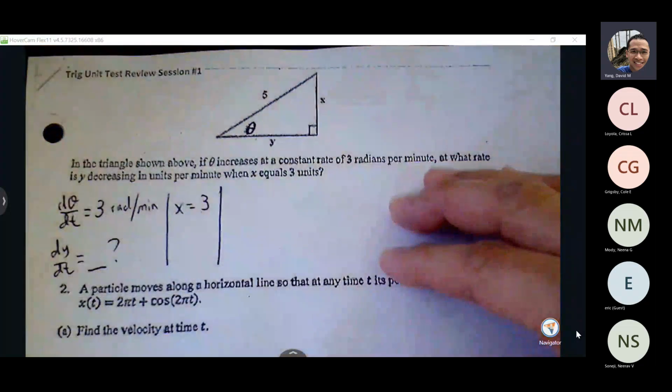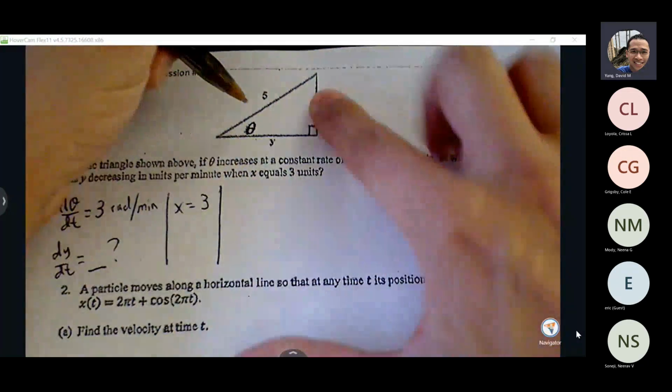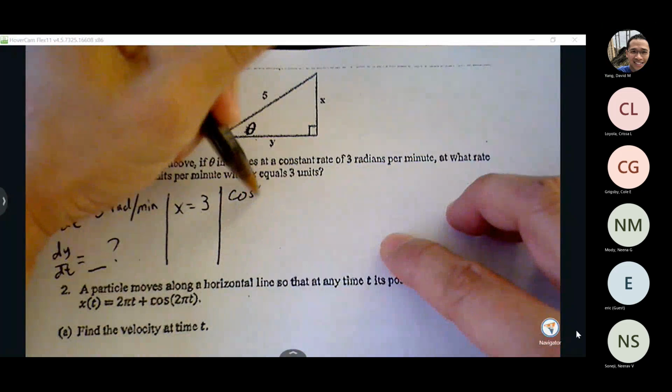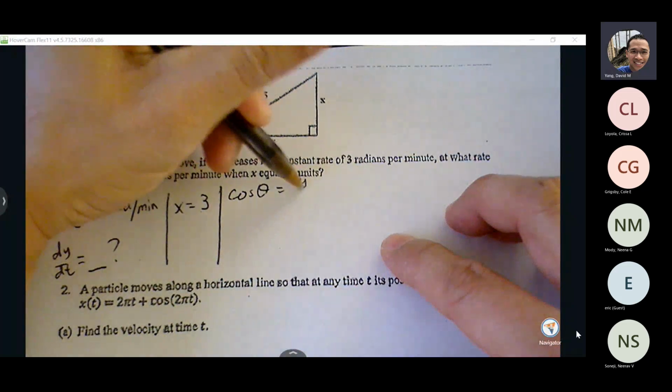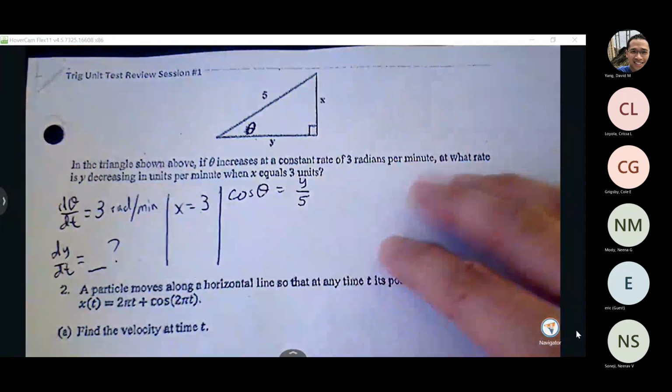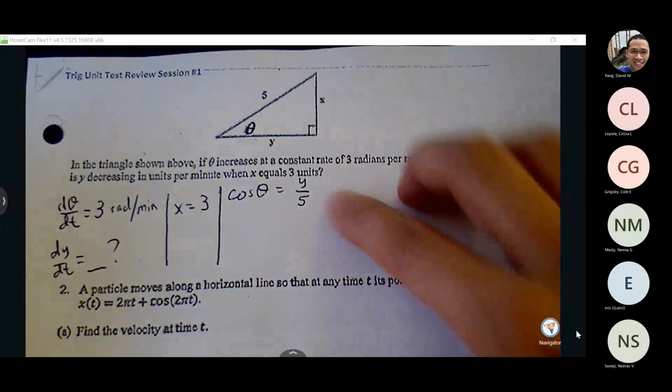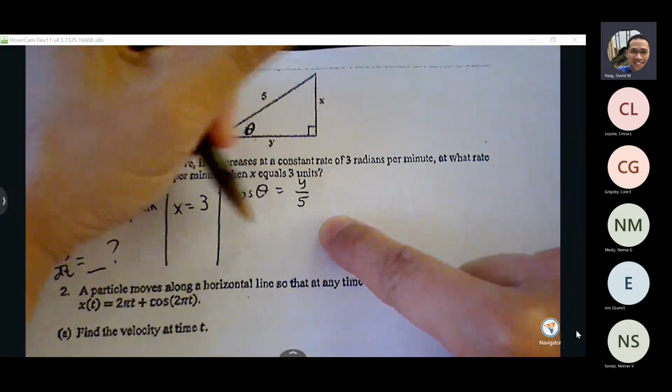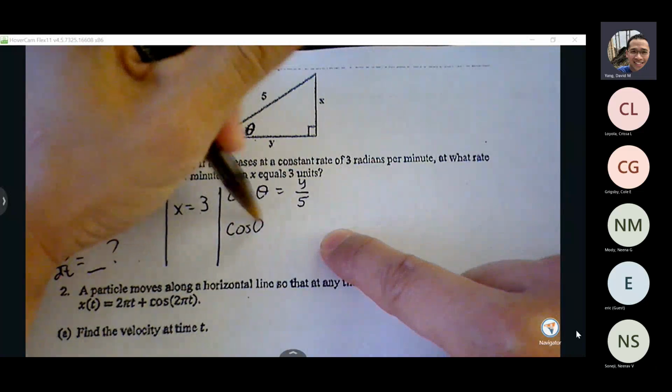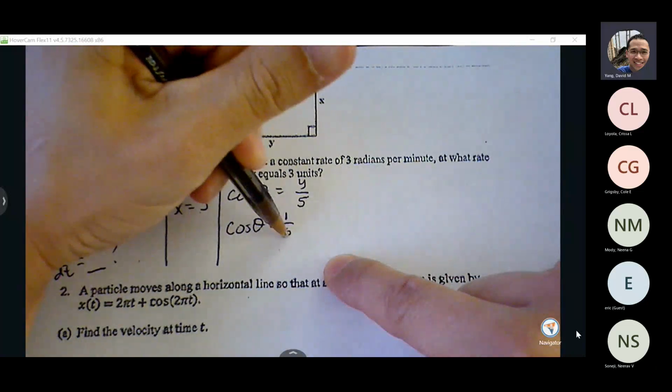So we can say cosine theta equals y over 5. Okay, get it ready for my derivative process. And call this 1/5 times y.